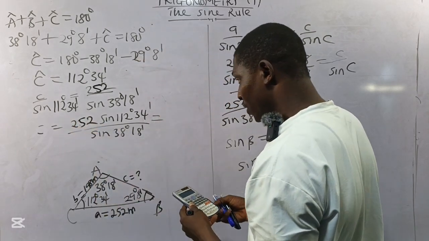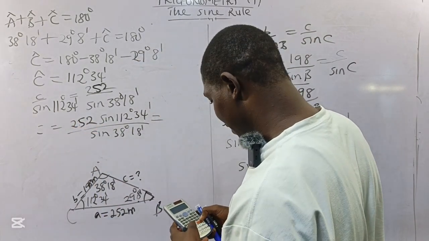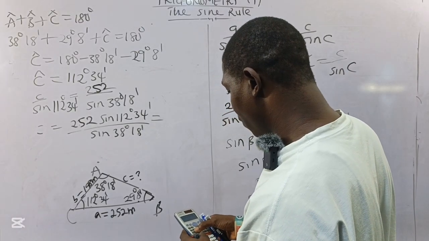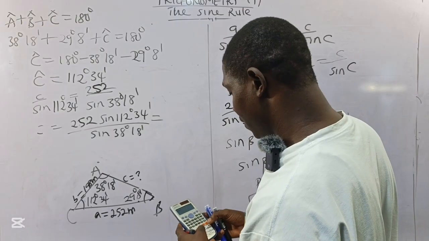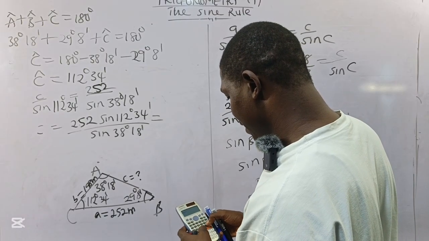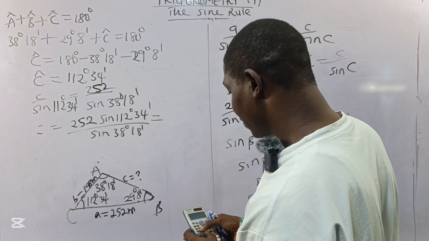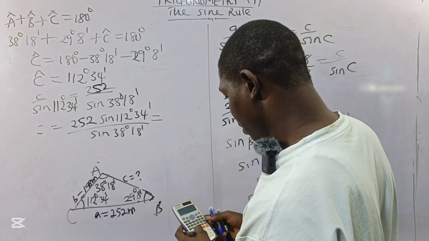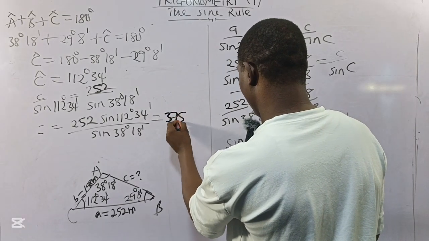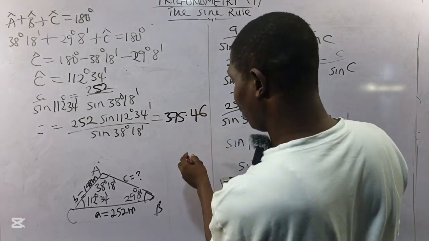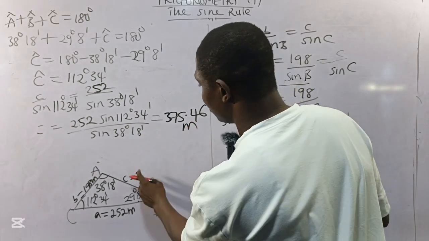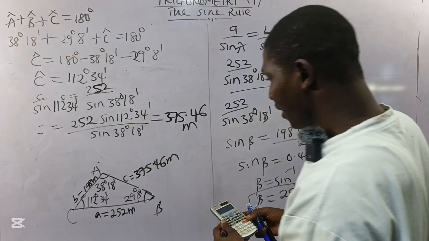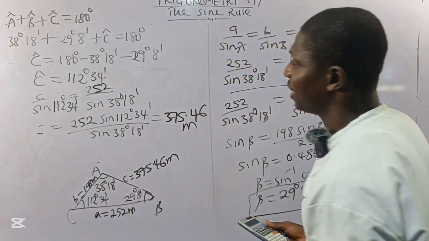So we have 252 sine 112 degrees 34 minutes, equal this, and divide by sine 38 degrees 18 minutes, and that gives me 375.46, which units? Meters. So our c here is 375.46 meters. You can see all the information in this diagram.